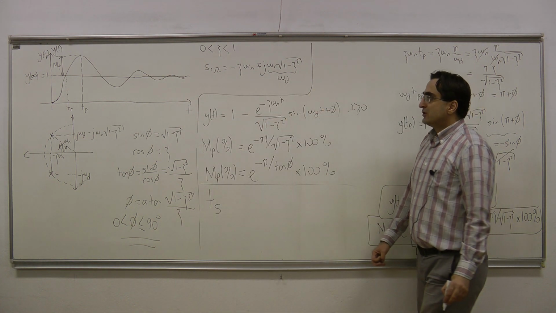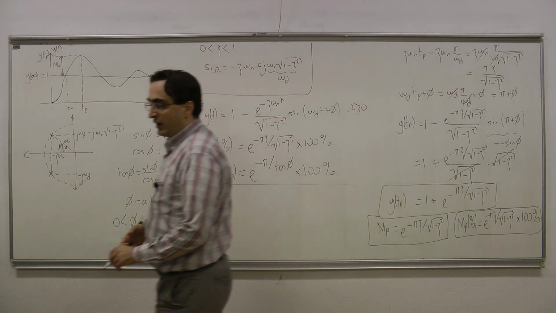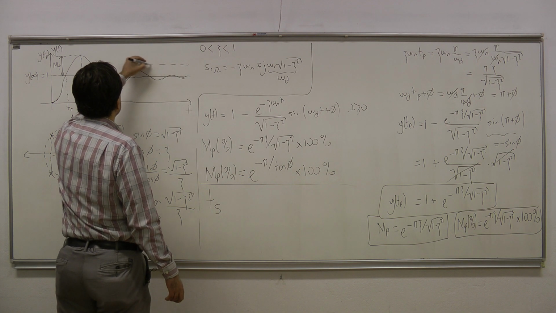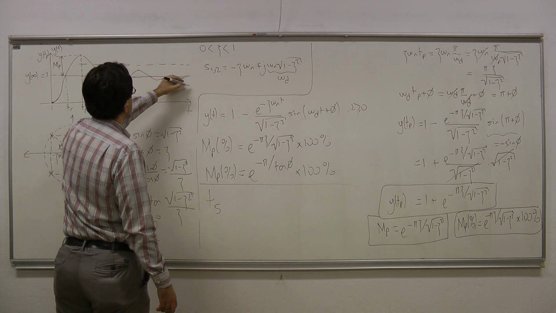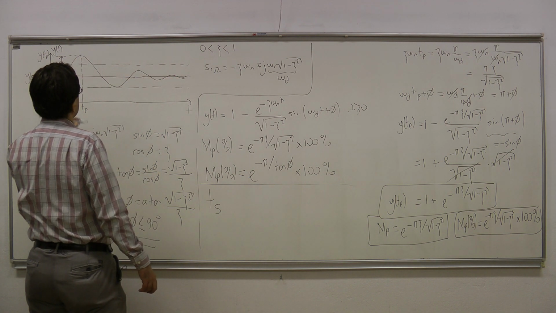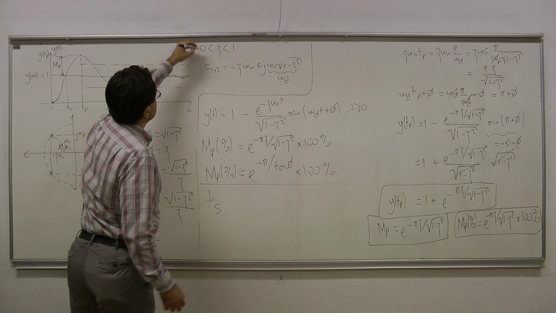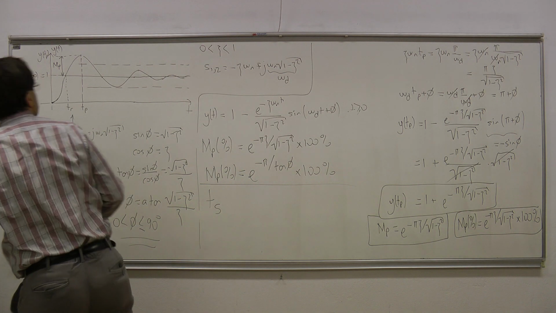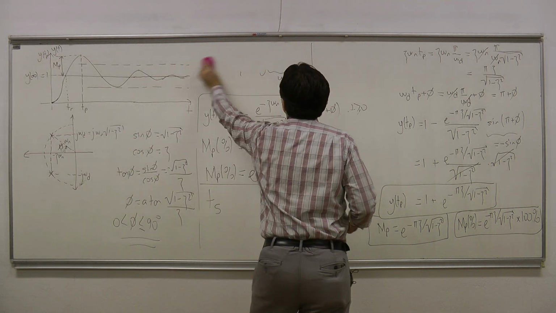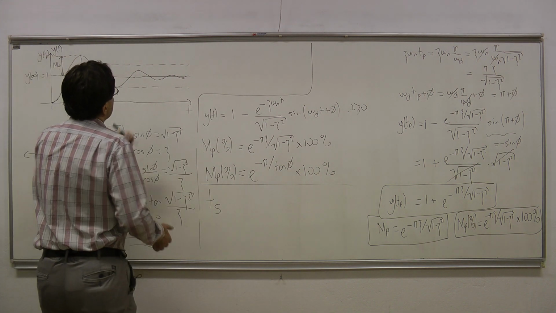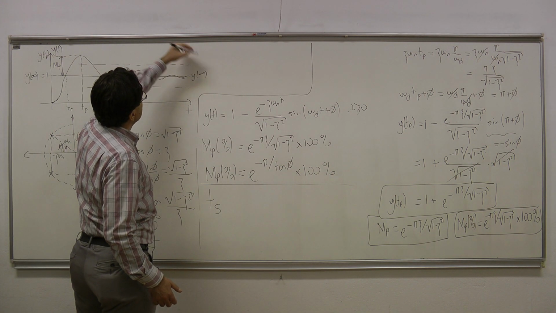Okay? Remember, in the case of settling time, I need to draw some regions. So it is a 5% region, which is going to be something like this. Maybe I should erase the pole locations here. So this value is y infinity.